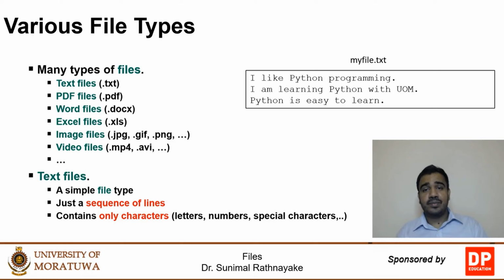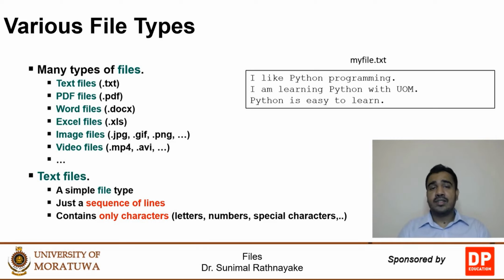For example, text files can be identified by the extension .txt. On the top right section of the slide, you can see an example text file. The name of the text file is myfile and the extension is txt, which indicates that myfile is a text file. Text files are a very simple file type and they consist of a sequence of lines that contain only text characters such as letters, numbers and other special characters.